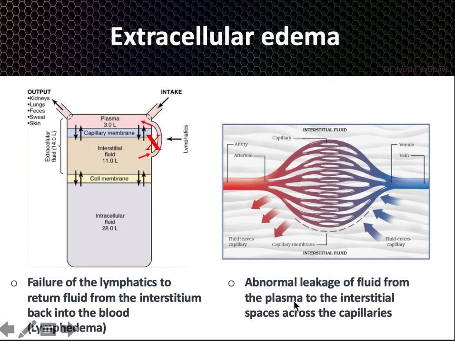Extracellular edema occurs when there is excess fluid accumulation in the extracellular compartment, right? There are two general causes of extracellular edema: abnormal leakage of fluid from plasma to the interstitial spaces, or blockage of the lymphatics.